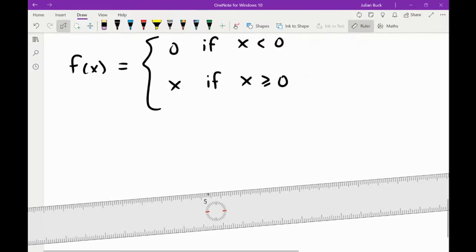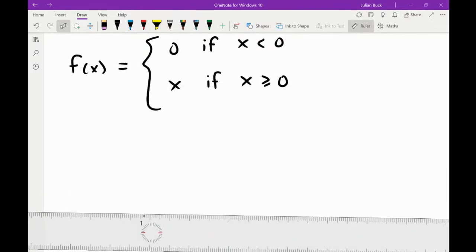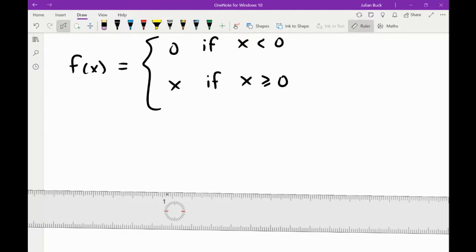So the rectified linear unit, ReLU, has a graph that looks like the following.